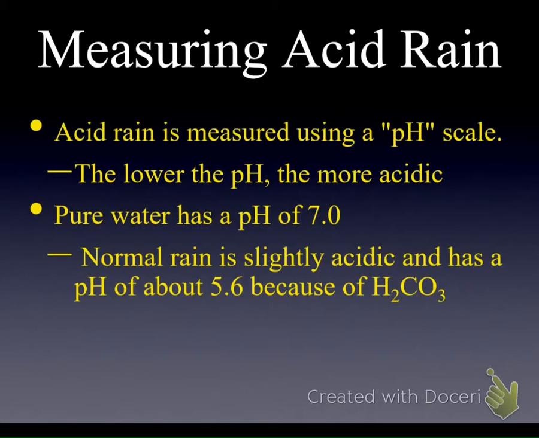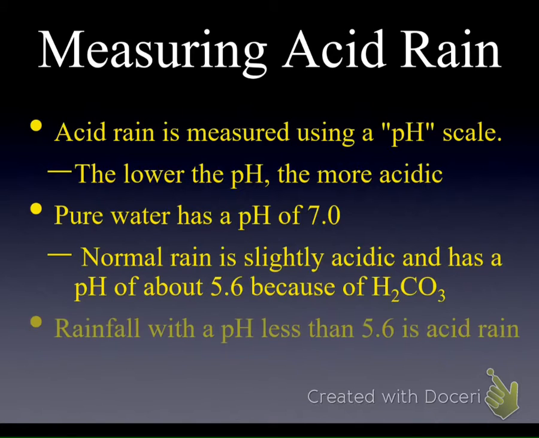Why? Because it combines with CO2. CO2 is what gives your drinks the carbonation, which makes it acidic. Just being out in the air makes it acidic. And normal water is somewhere between 5.6 and 6. Rain with pH less than 5.6 is considered to be acid rain.